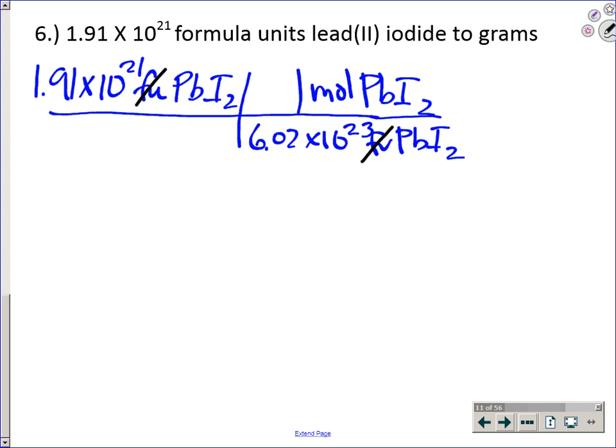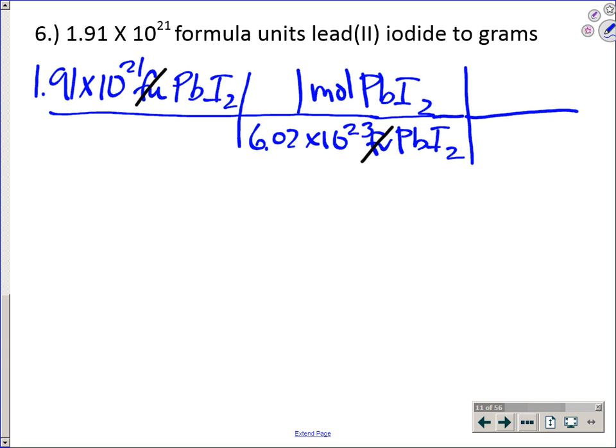Aiden's table, can you guys tell me what your next step would be? Now I've canceled out formula units, and now I need to cancel out mole. So get me started. Give me some numbers.